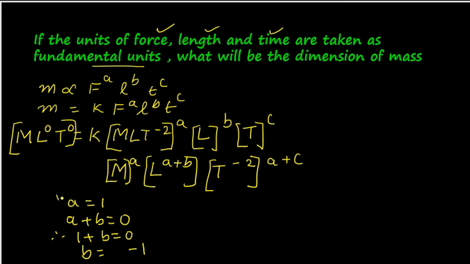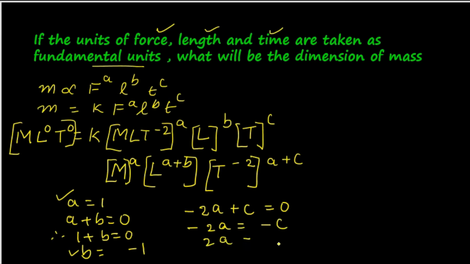So we have the value of A, we have the value of B. On the left hand side, T is equal to 0. So minus 2A plus C is equal to 0. So you get minus 2A is equal to negative C. That is 2A is equal to C. A is equal to 1.